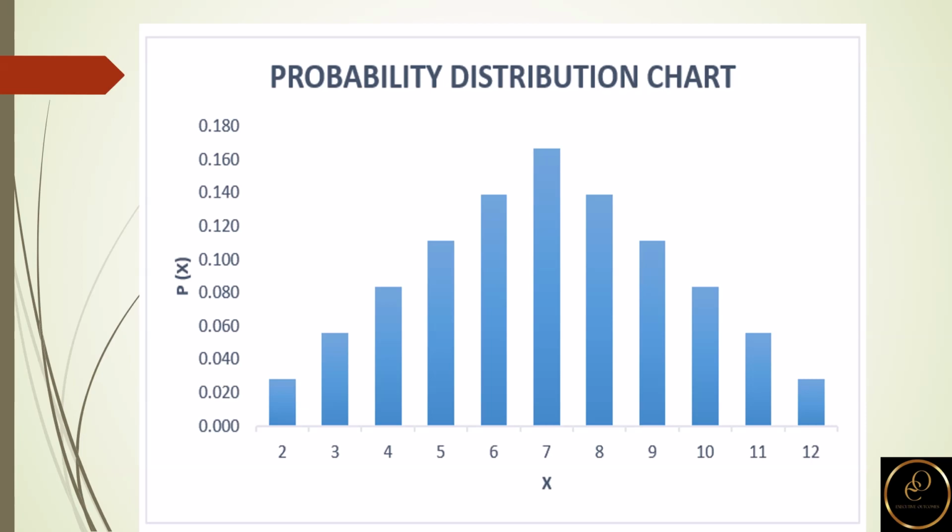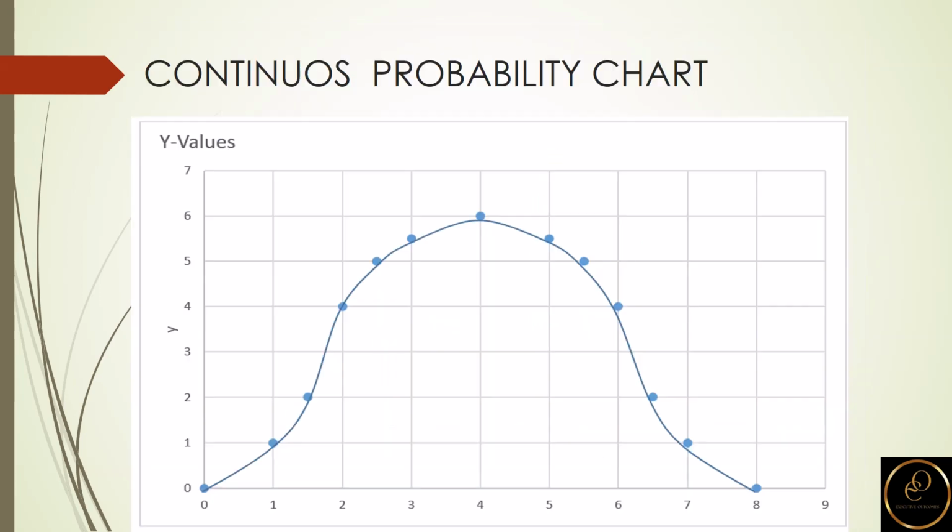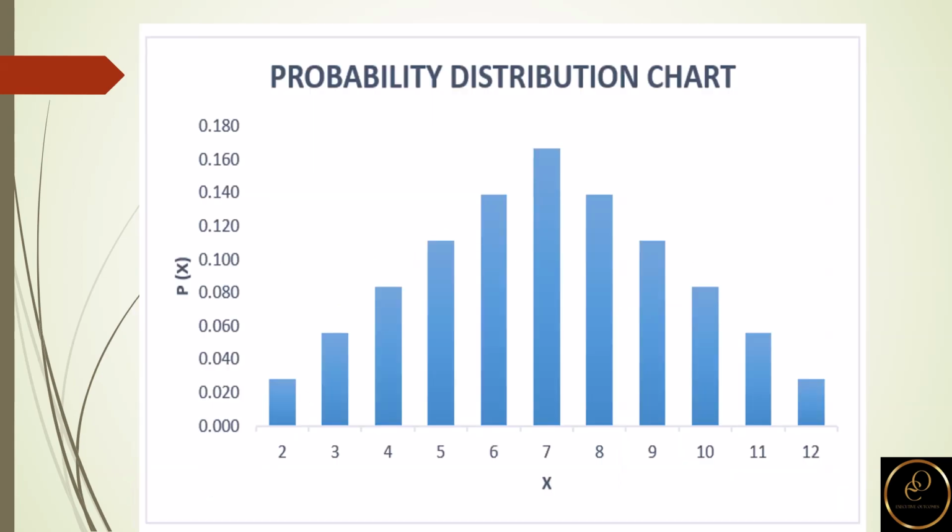Now, if we have quite a number of them, what we see is that these vertices, which are part of the bar charts on this chart, will merge to form a continuous line like this, and then we'll end up having a continuous probability chart from a discrete probability chart.